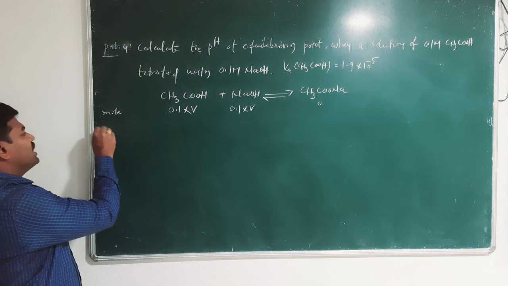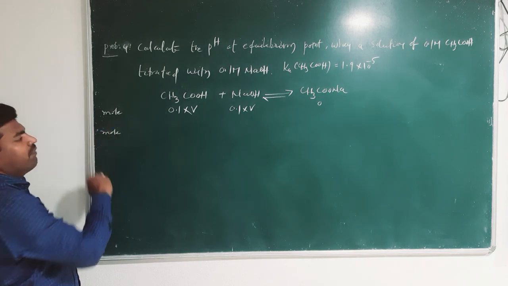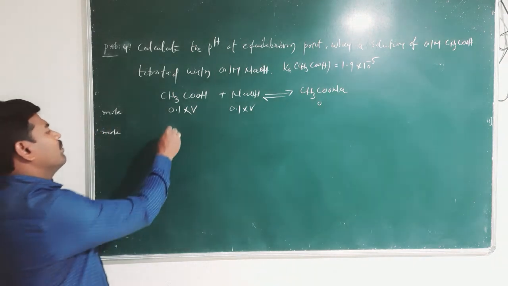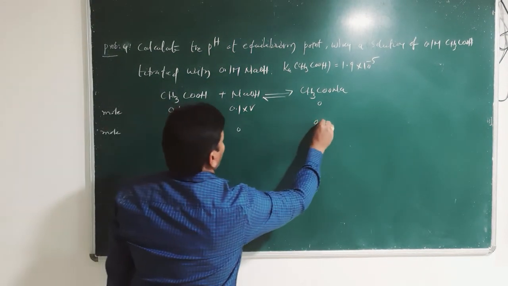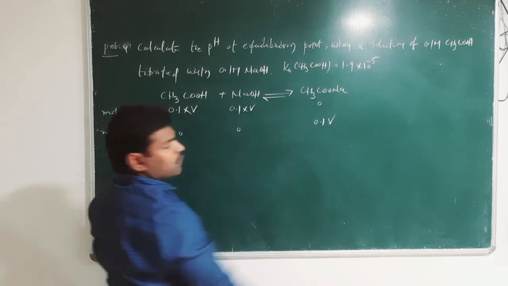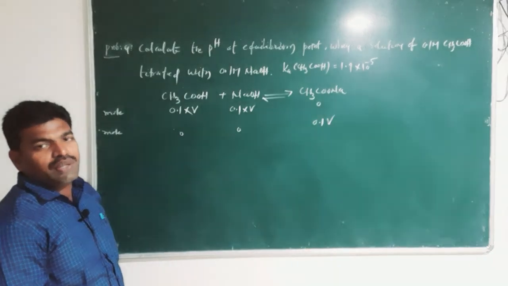After establishing the equilibrium, moles after equilibrium, this is 0.1, this is 0, this is 0, and this comes out to be 0.1 into V, 0.1 into V.